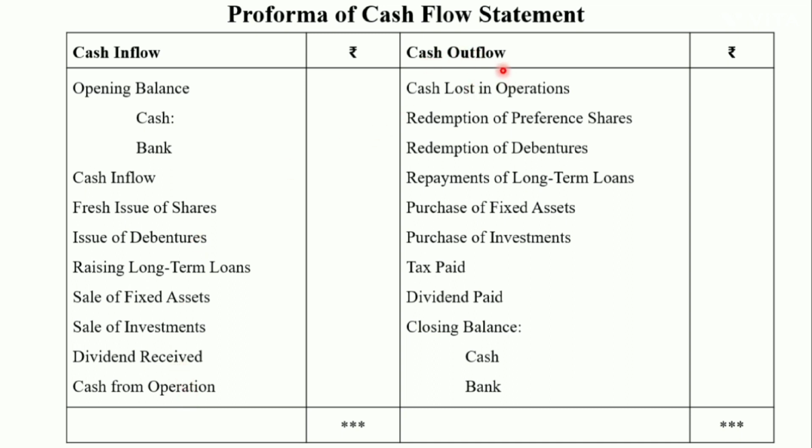Then cash outflow: cash lost in operations, redemption of preference shares, redemption of debentures, repayment of long-term loans, purchase of fixed assets, purchase of investment, tax paid, dividend paid, and then we get the closing balance, that is cash and bank. Cash from operation we calculate from the adjusted profit and loss. This is the pro forma of the cash flow statement.